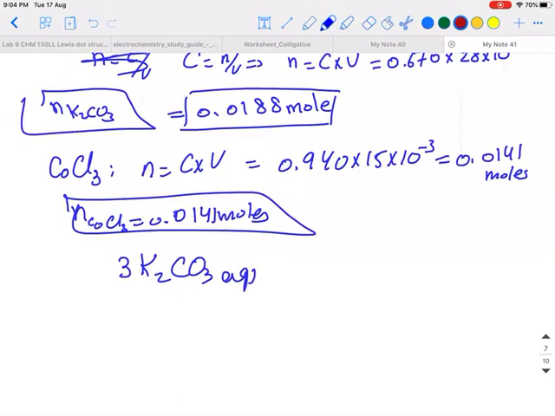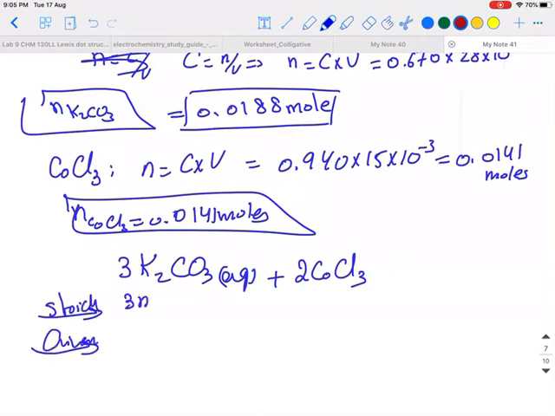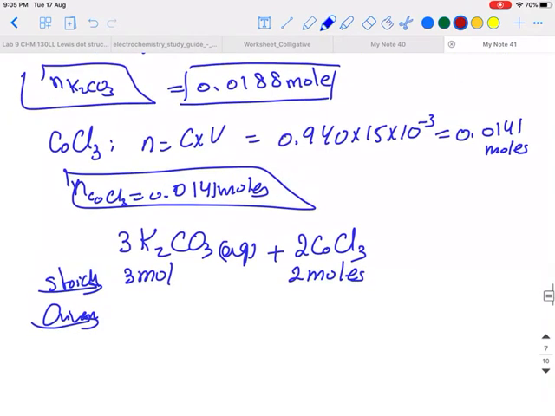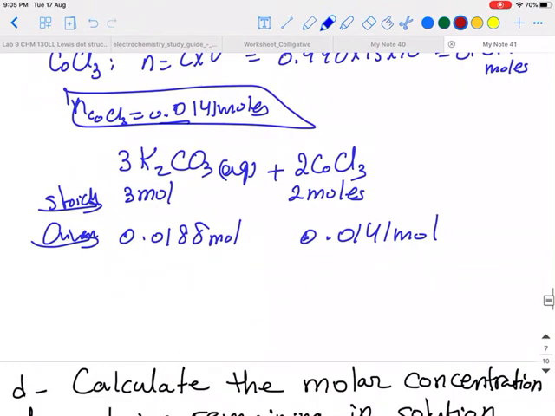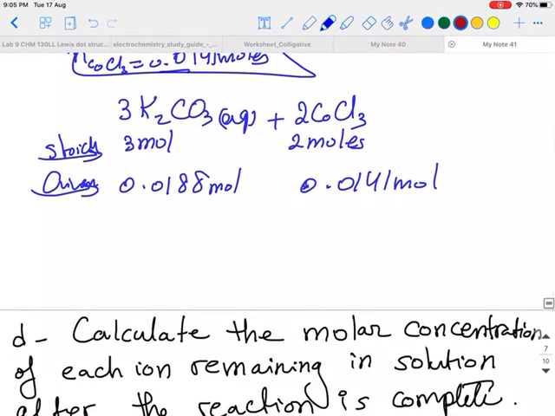So I will take from the equation the reactants, potassium carbonate and cobalt chloride. The first line according to Stoich, and then the given to find the ratio. Stoich, the ratio is 3 moles and 2 moles. Given, for potassium carbonate I found it's 0.0188 mole, and for cobalt chloride we found 0.0141 mole.